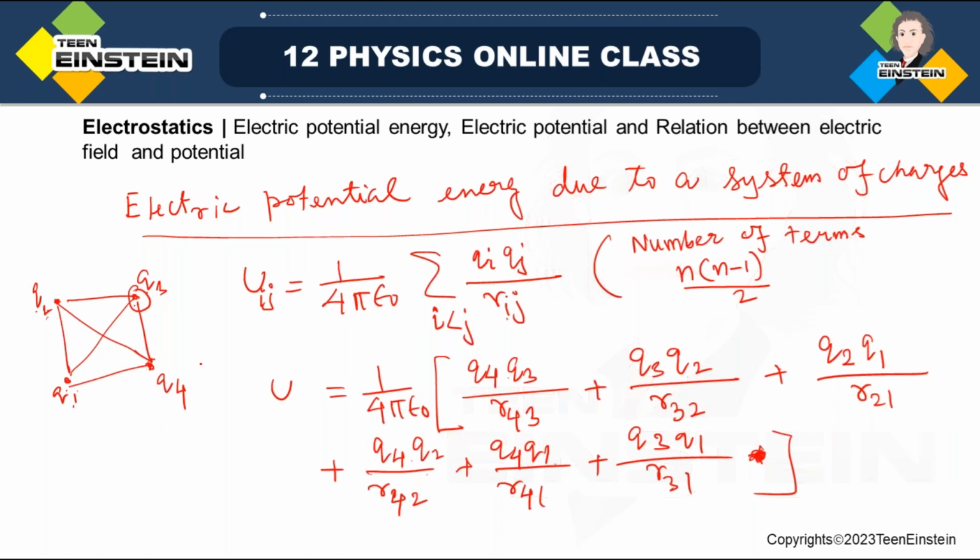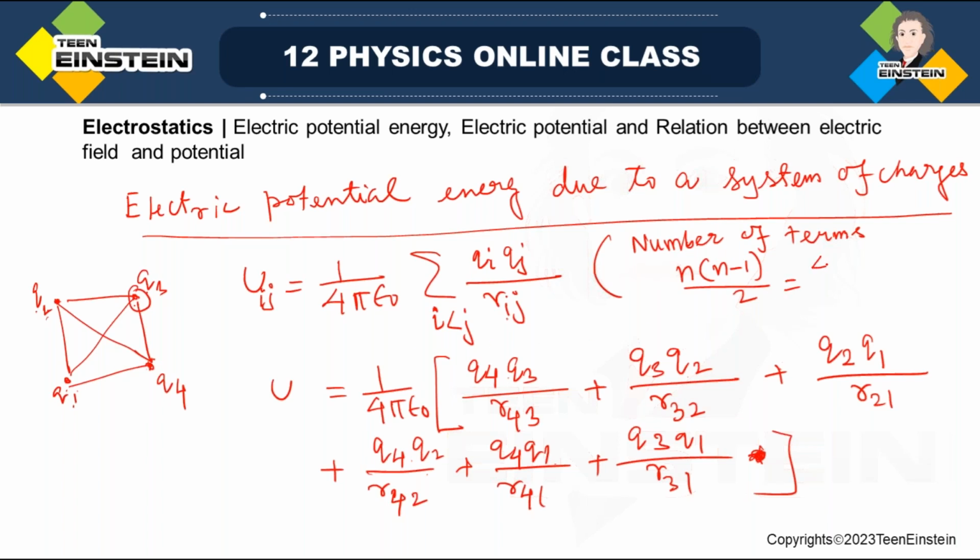The maximum number was 4. N is the number of particles constituting the system. So there are 4 particles constituting the system.